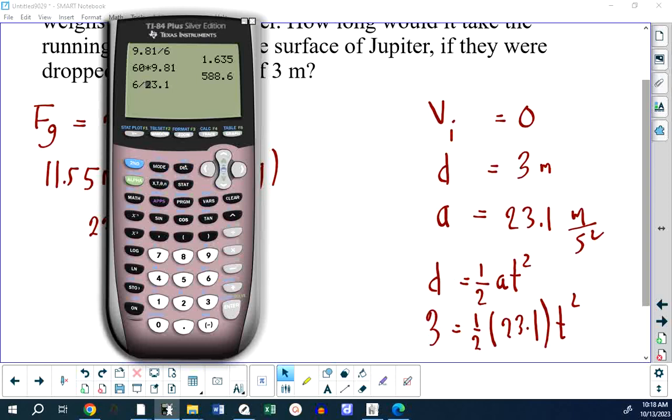Three times 2 to get rid of that half is 6, divided by 23.1 gives you this. Take the square root, half a second. Half a second, not 1/1000. That long.